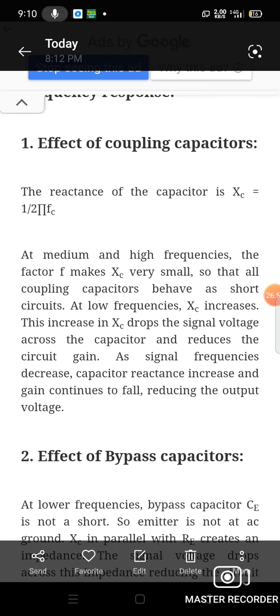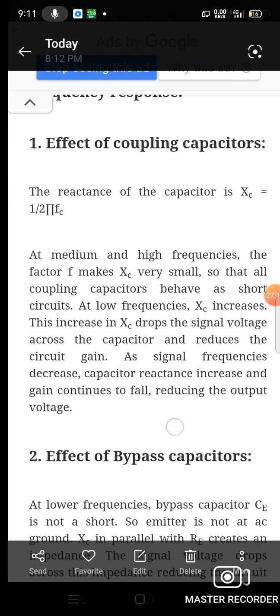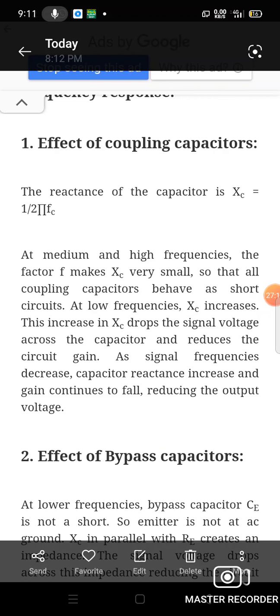The capacitor reactance is Xc equal to 1 by 2 pi Fc. These two variables, F and Xc, have a very important relationship for the amplifier frequency response. Here these two variables are inversely proportional, right? Xc is equal to 1 by 2 pi Fc.